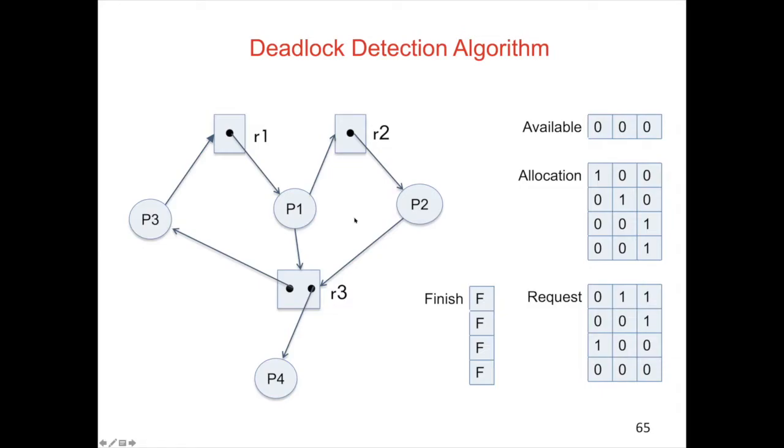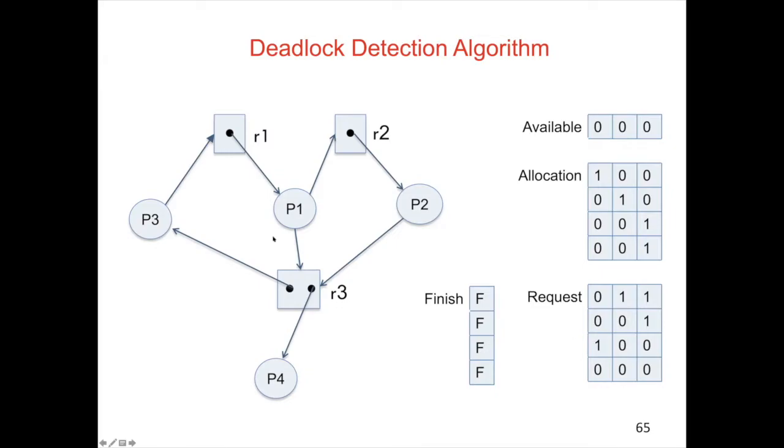For process P2, R2 is allocated, we have one here, and no more resources are allocated to process P2, so we have 0 in these entries. For process 3, R3 is assigned. We have one here. And for process 4, R3 is assigned also.